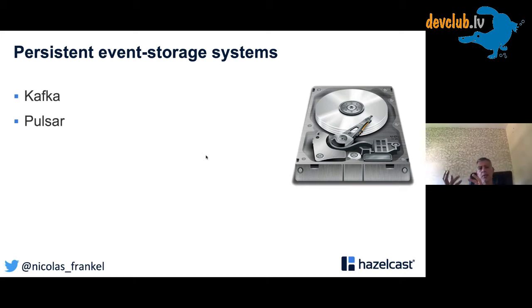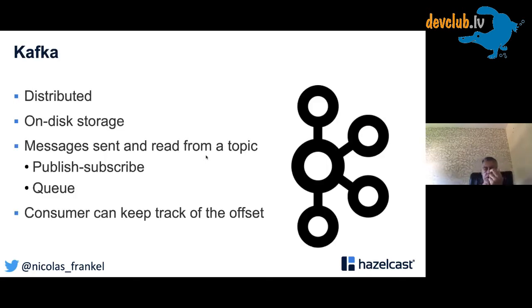But there is a contender called Pulsar. You might be interested in knowing about it, because for operational purposes it seems to have certain properties that are lacking in Kafka. Anyway, one way to handle the events is to store them. So I will talk about Kafka in just a few words. Basically, it's distributed. It stores the data on disk.